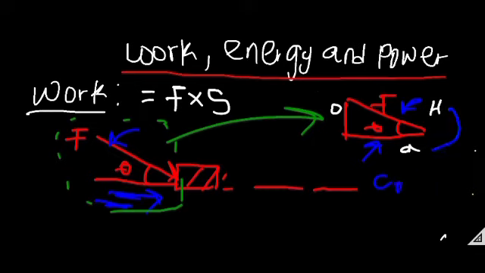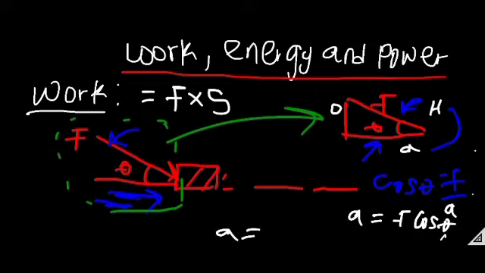So cos theta is equal to A over F, where A is equal to F cos theta. A is the same thing as the horizontal force.